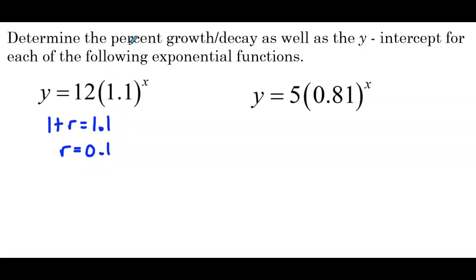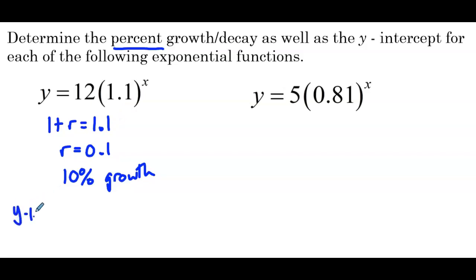Now remember, we want to determine the percent growth or decay. So if r is 0.1, that means there is 10% growth. R is positive, that's why I know that there's growth, and 0.1 as a percentage is 10%. And even if we look back at the original exponential function, we're multiplying by a value larger than 1. Our numbers are going to get bigger, so that would be growth.